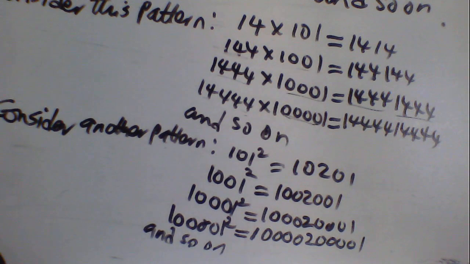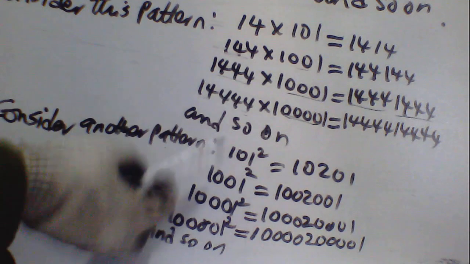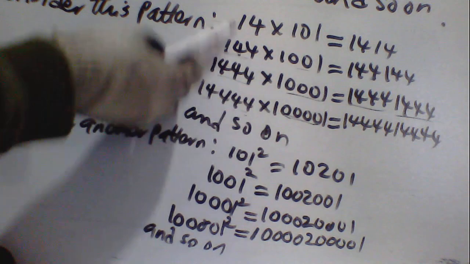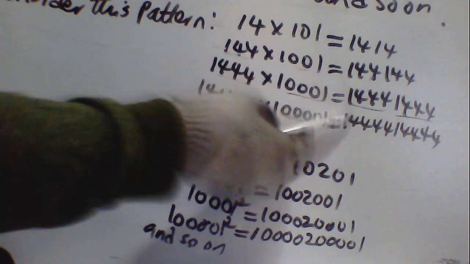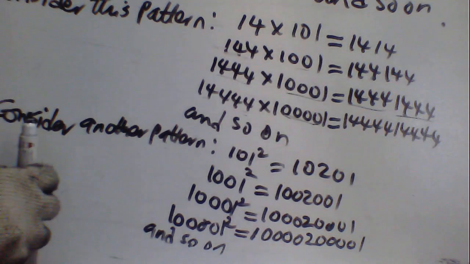So with these two findings, we can find the square of numbers that have the same digit, in which that digit repetition is equal to 10 or greater. Concentrating on this, you see how the number repeats itself.